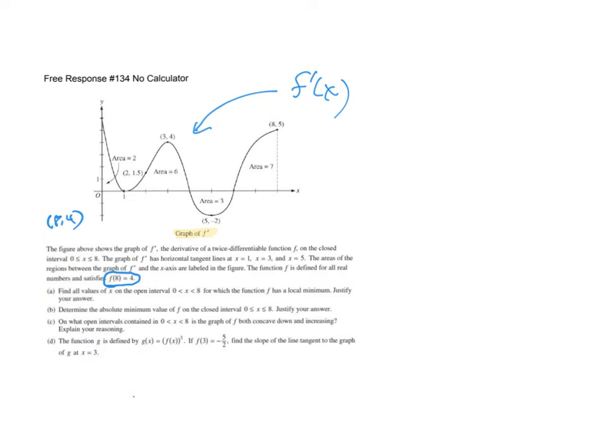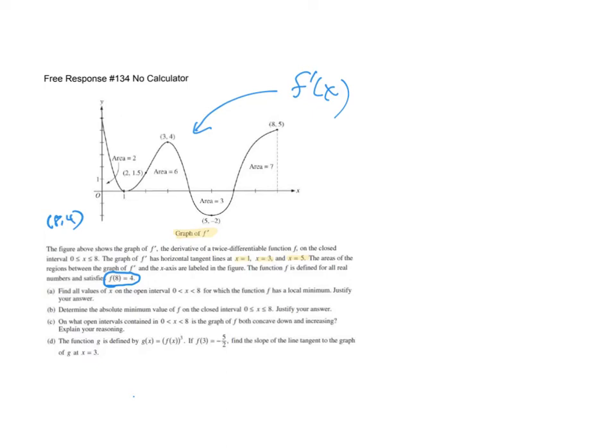Okay, so we've talked about some of the information, and then the other thing I'll point out is that they mention here that this f prime has horizontal tangents at 1, 3, and 5. That may or may not be important, but remember, those are places on the derivative, not the function itself.